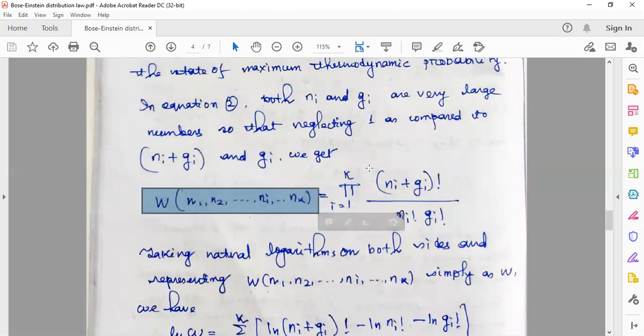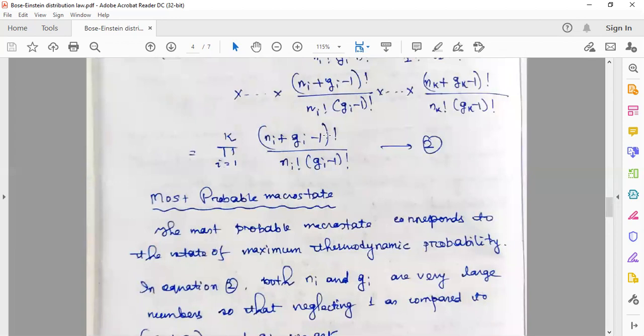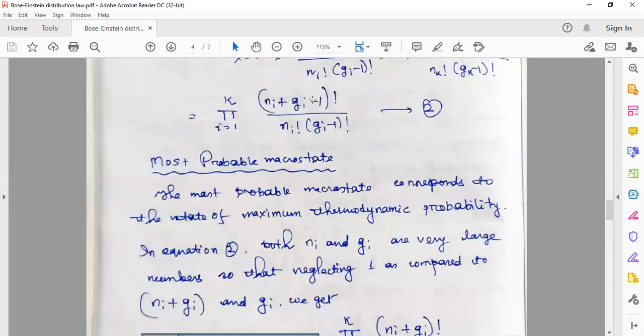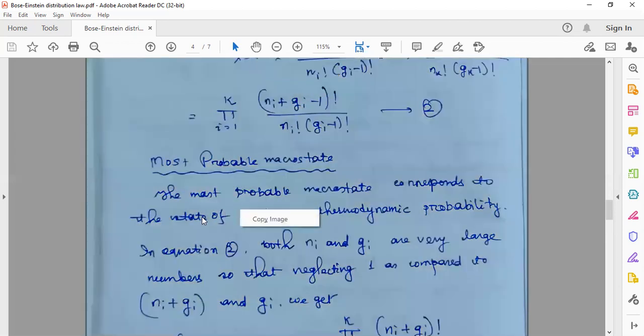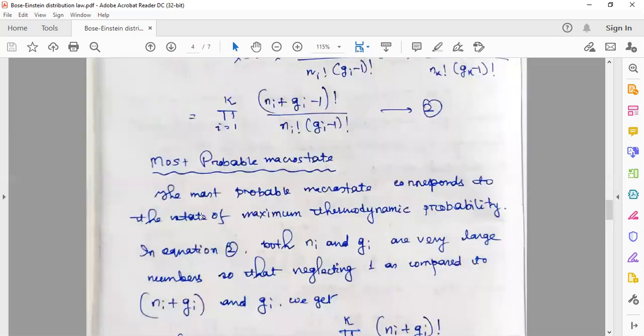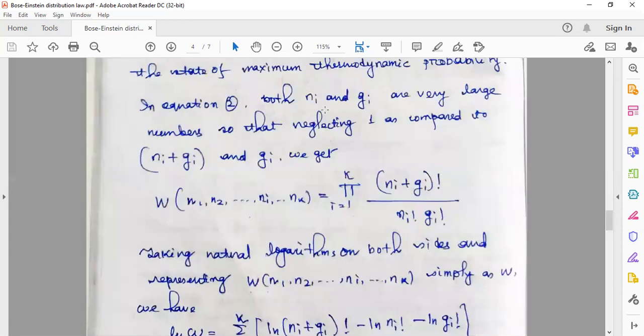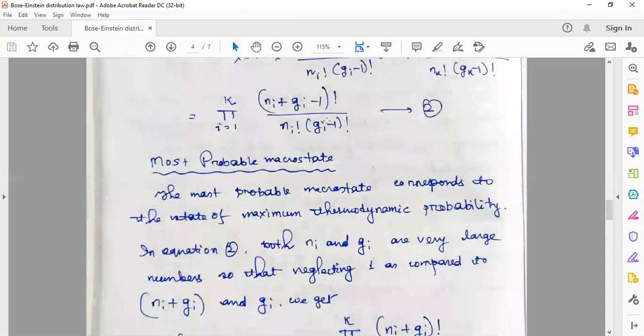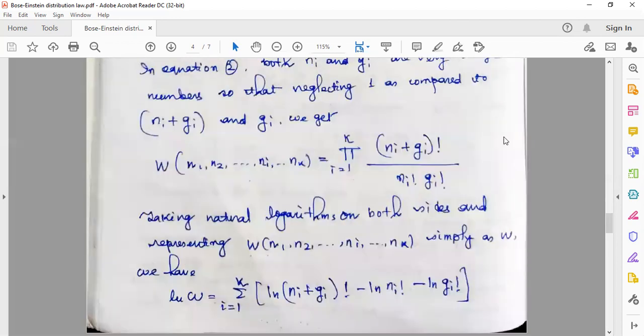So (Ni plus Gi) factorial, where the 1 we may eliminate because it is just a number and does not make much sense since both Ni and Gi are very large. And in the denominator, Gi minus 1, in this case also we can eliminate the minus 1 because Gi is a very large quantity and we don't have to consider this.